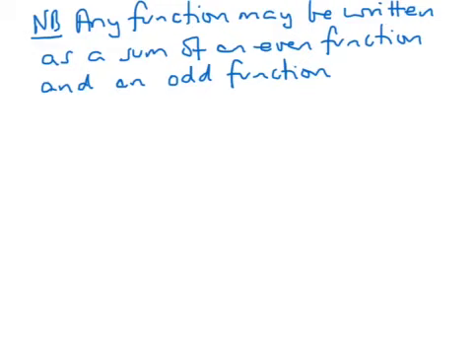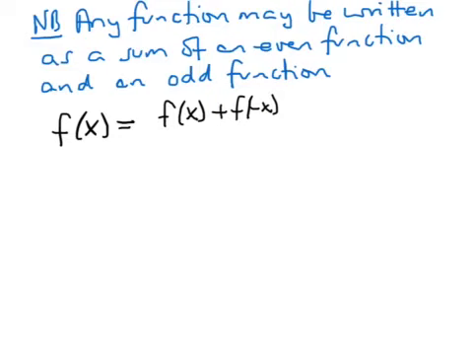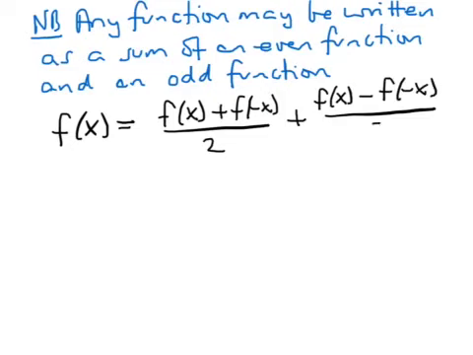So to do that, let's just give our function a name. I'm going to call it f of x, and I'm going to say that I'm going to write it as f of x plus f of minus x, all divided by 2, plus f of x minus f of minus x, all divided by 2.